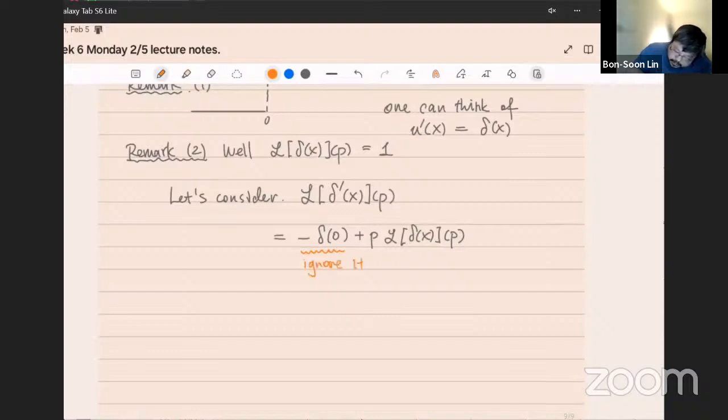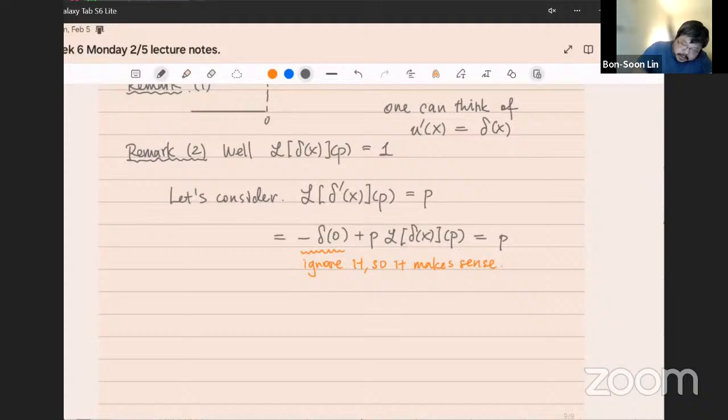We ignore it so it makes sense. Then, because you cannot really have infinity, this is just p times the Laplace transform of delta, which is 1. So this is just p.